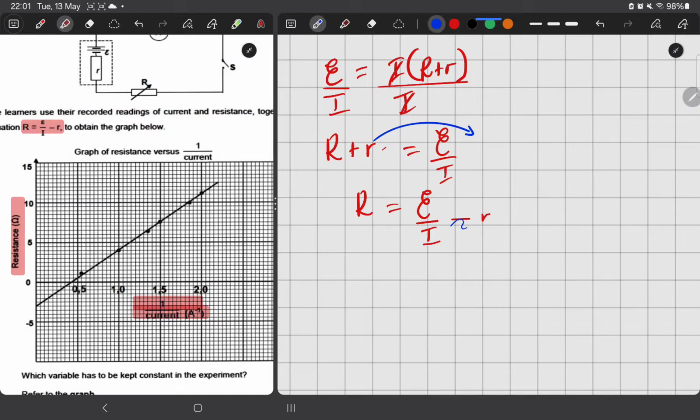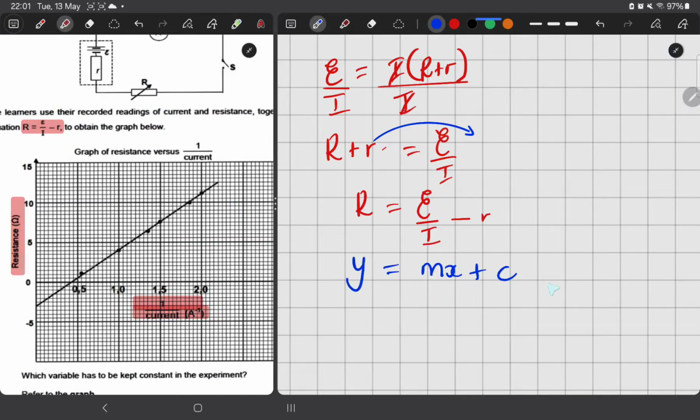Now this equation that I just rearranged looks similar to this one, but I am not really happy because I want to make sure that I can see this equation as the standard form of a straight line, since this graph is a straight line.